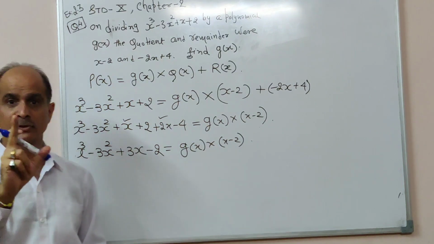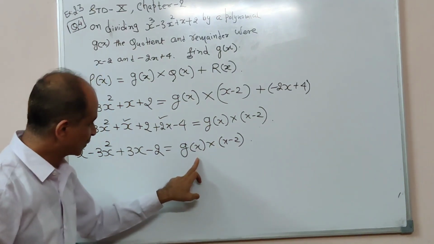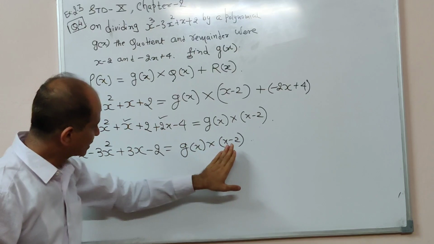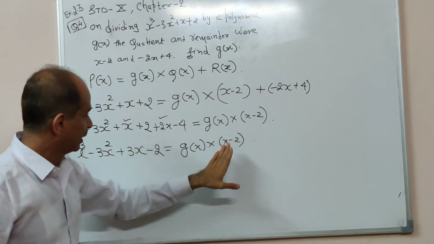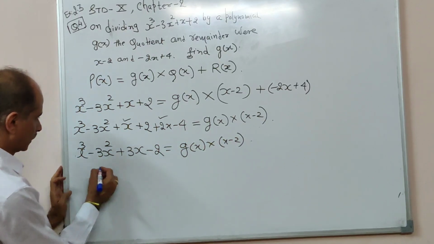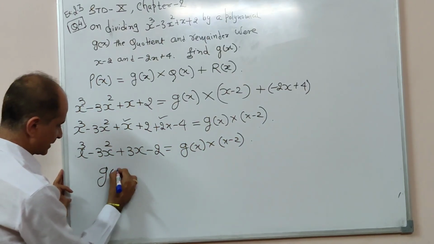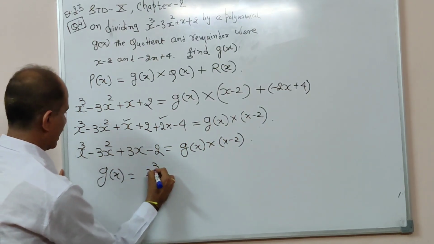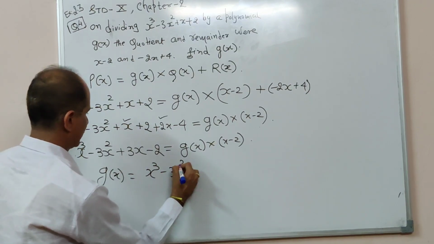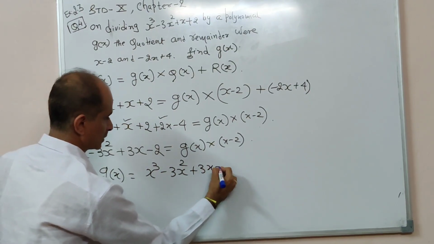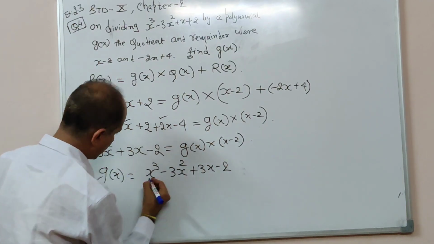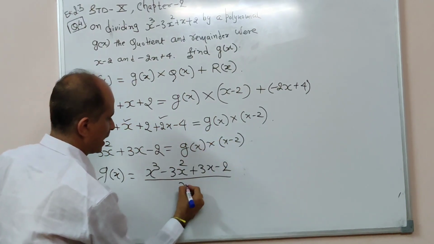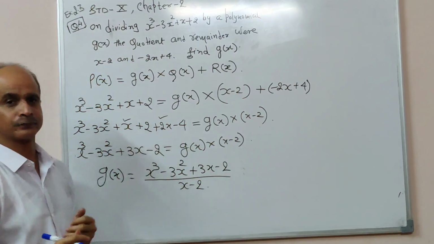Now your question is to find g(x). So you can bring this x minus 2 from the right hand side to the left hand side. It comes in division. So g(x) is equal to x cube minus 3x square plus 3x minus 2 divided by x minus 2.